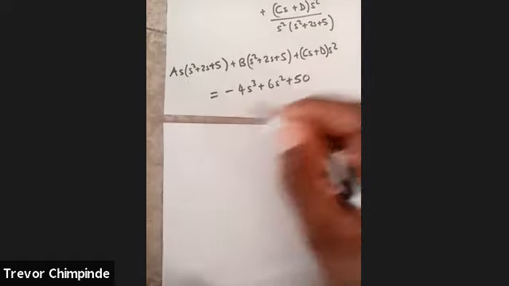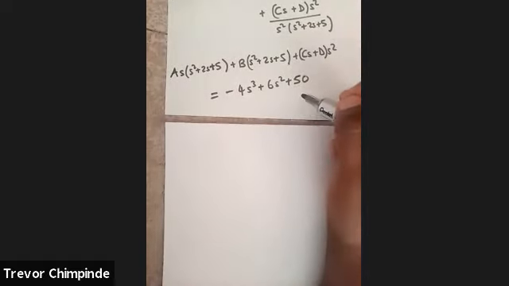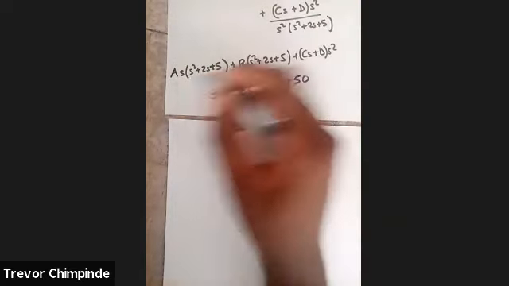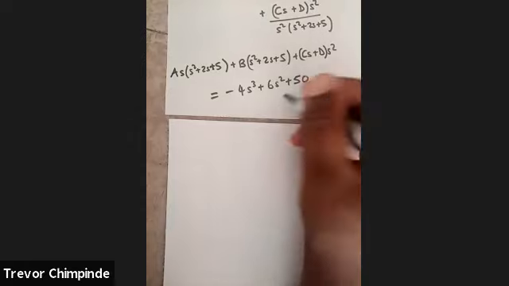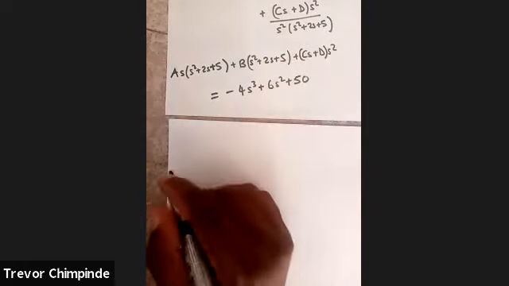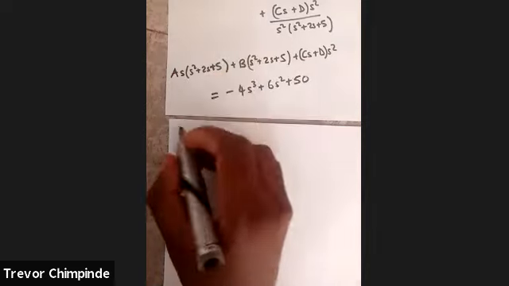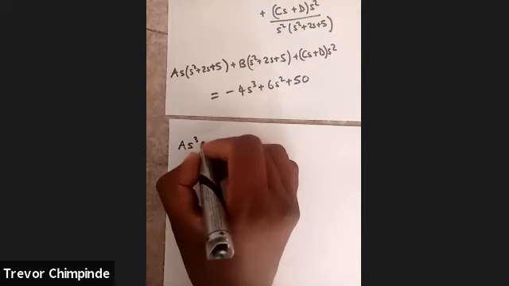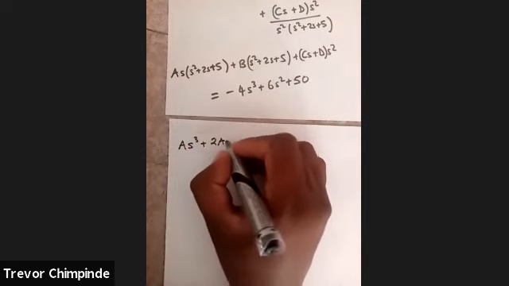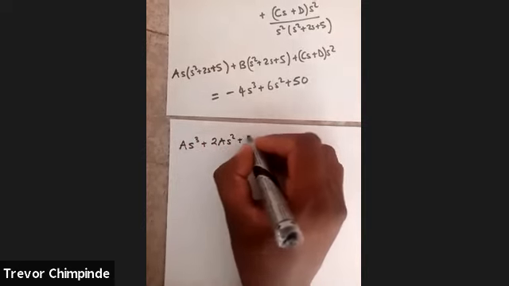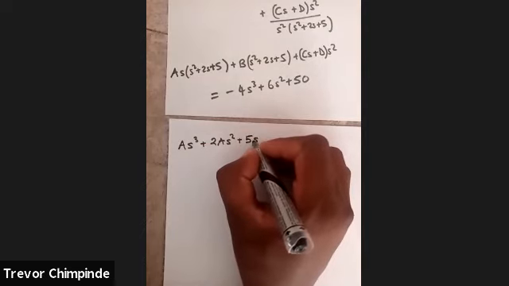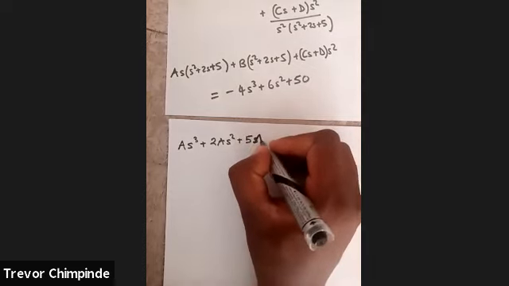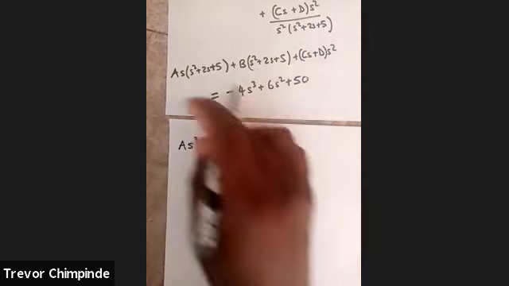Like we did it yesterday, we can open up the brackets, collect the like terms, and then equate with the coefficients on the right hand side. So opening up the brackets, we have A s cubed plus 2A s squared, then plus 5As. So that's the first part.